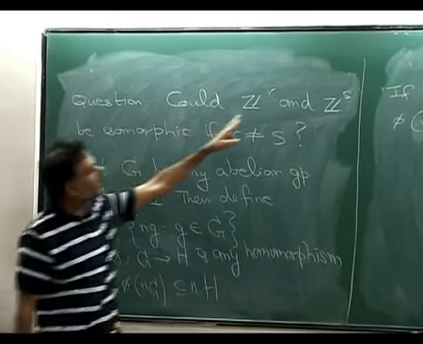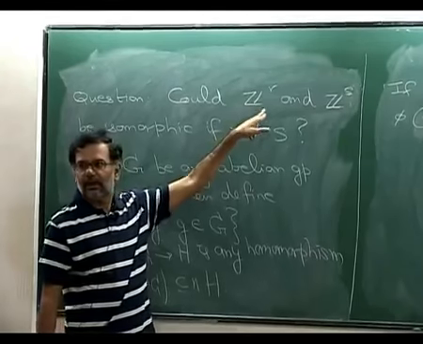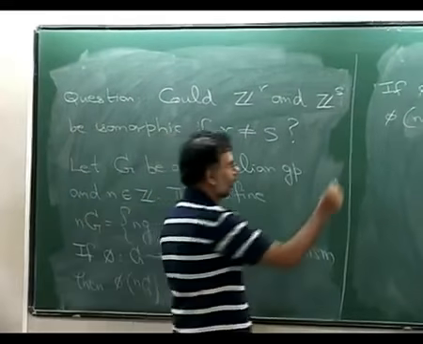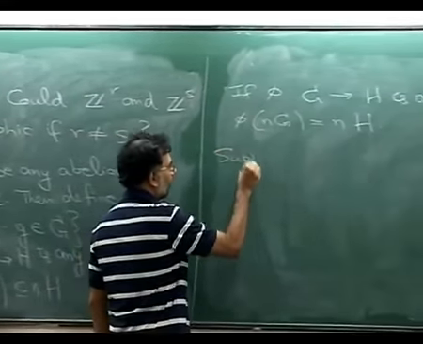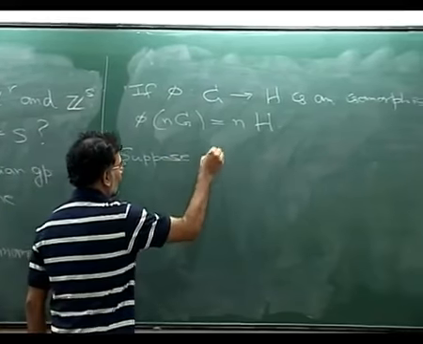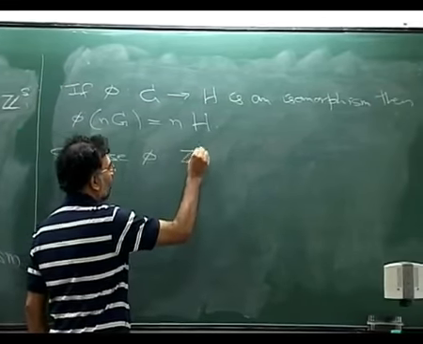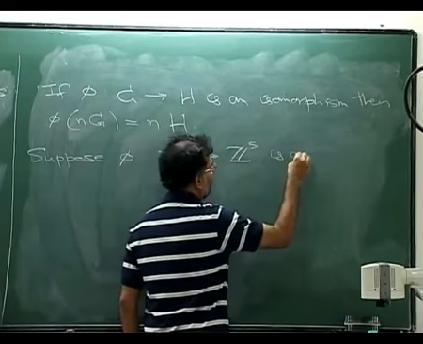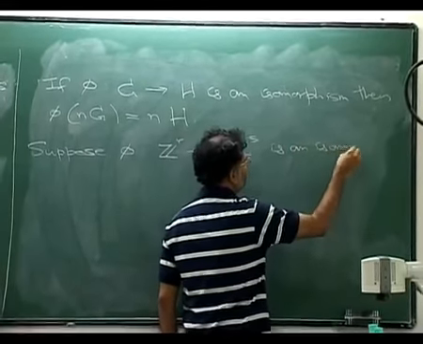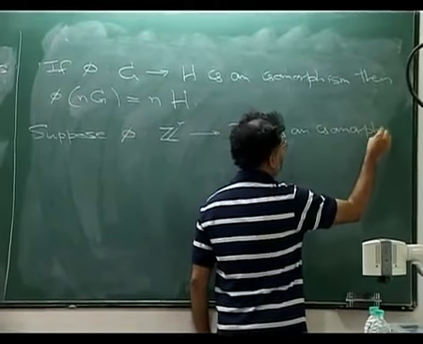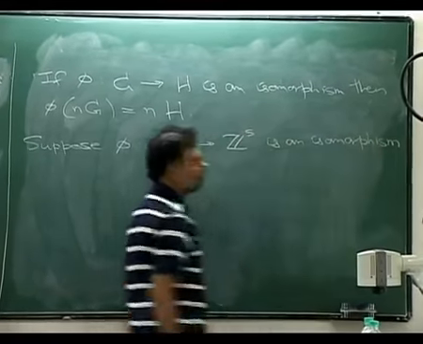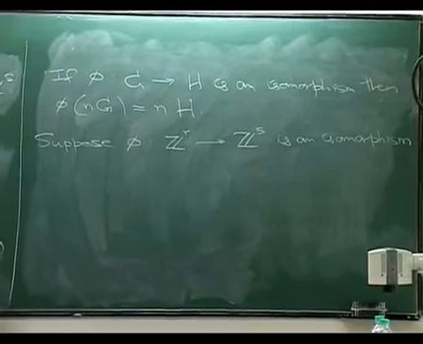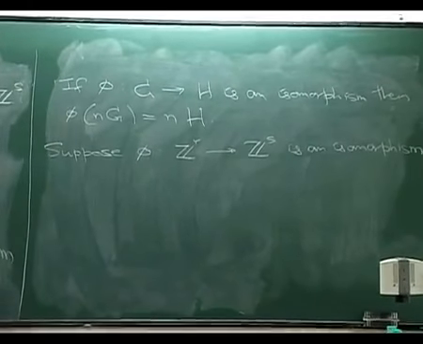So now suppose these are isomorphic. Suppose Z to the R and Z to the S are isomorphic. Suppose phi going from Z to the R to Z to the S is an isomorphism. And let me take n to be 2, say, n equals 2.